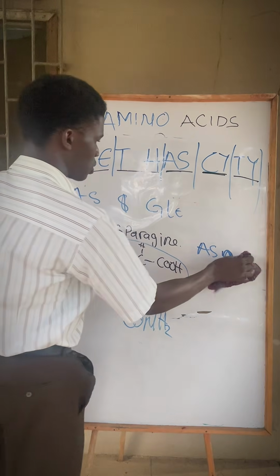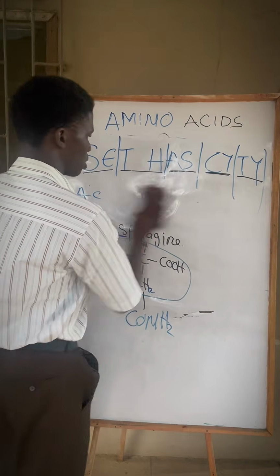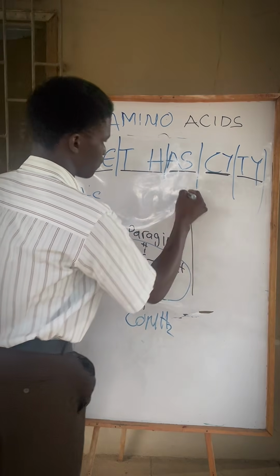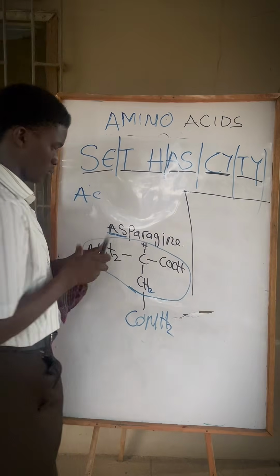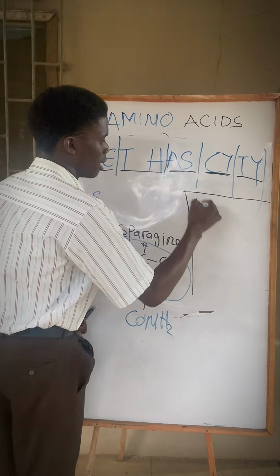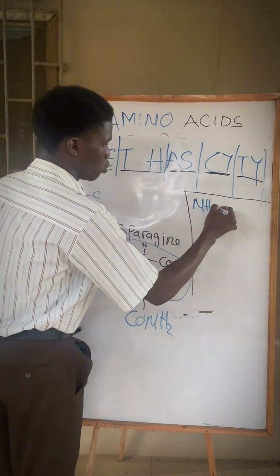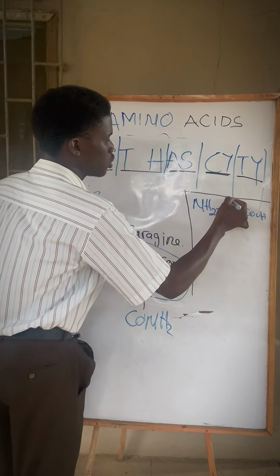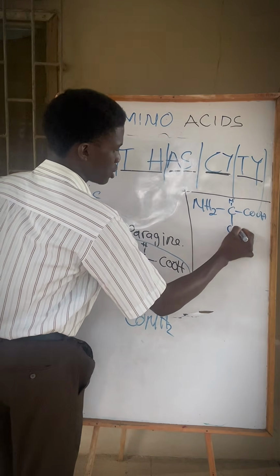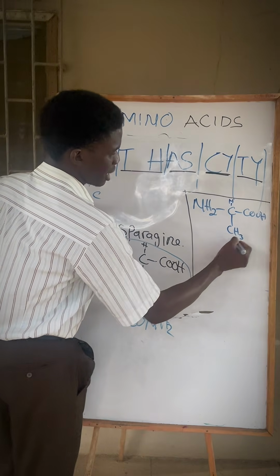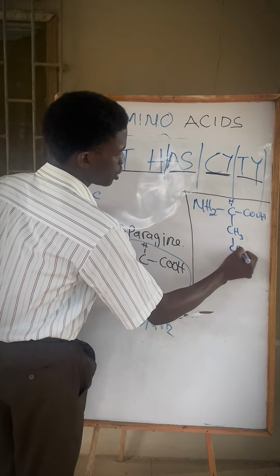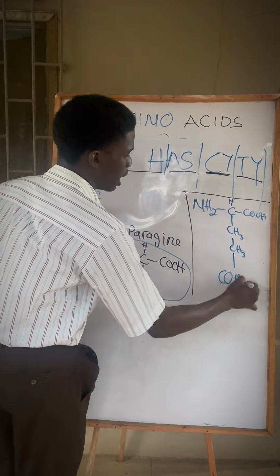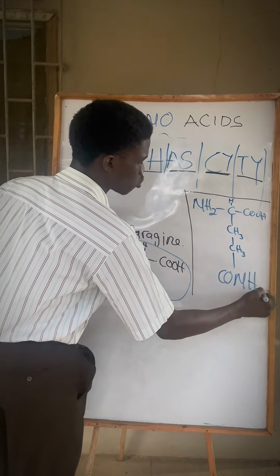Okay, do you understand it now? Let me use this space for the structure. For the structure, we have NH2, COOH, H, CH3, just add another CH3, and add the functional group CONH2.